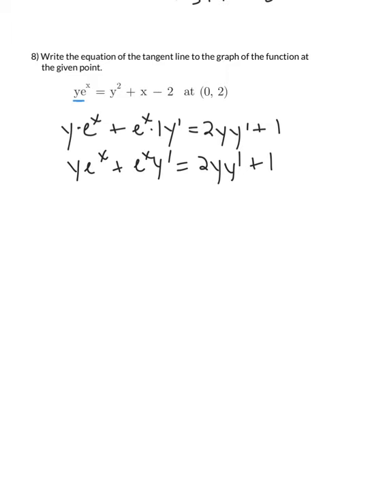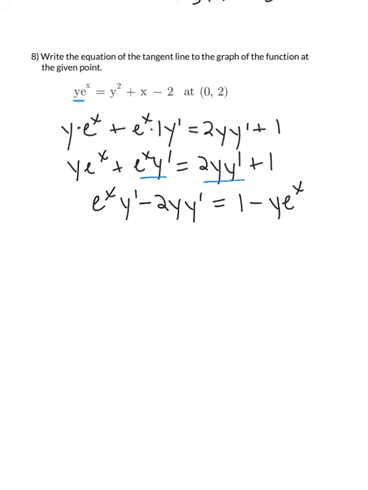But notice that we have two different terms with y primes in them on opposite sides of the equal sign. So I am going to get the items with y primes on the left and the non-y prime items on the right. That will give me e to the x y prime minus 2y y prime equals 1 minus y e to the x.